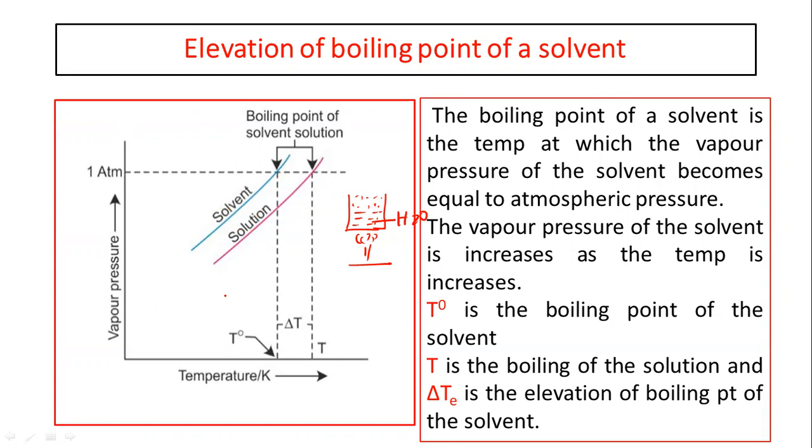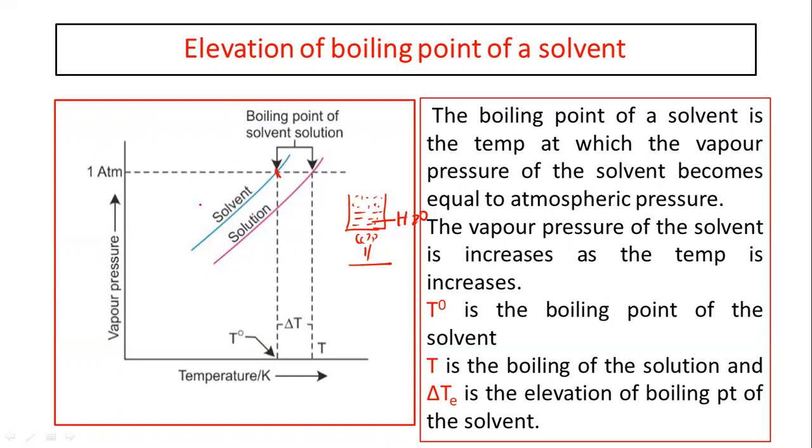So as we increase the temperature, the vapor pressure increases and reaches the atmospheric pressure, that is one atmosphere. The vapor pressure becomes equal to the atmospheric pressure, and this is the boiling point of the solvent, that is, the boiling point of water.